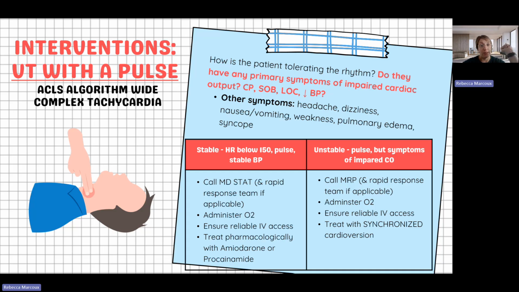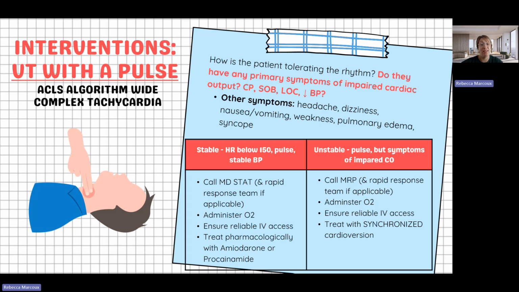If you have a rapid response team at your organization, you're still going to call your rapid response team. We still want to administer O2 to these patients. We still want to ensure we have reliable IV access. It's going to depend on the physician and the patient's presentation on what the physician is going to do. Generally, if the patient's seeming very stable, we might treat them pharmacologically rather than electrically with amio or procainamide.